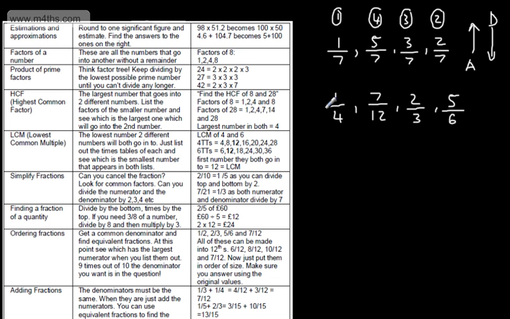So with this one, I'm going to now turn this into 12s. I need to multiply this number by 3, therefore I need to do the same here. So as an equivalent fraction, 1/4 is 3/12. 7/12 is already in 12s. I need to multiply the 3 by 4, so I need to multiply the 2 by 4. So I get 8/12. I need to multiply the 6 by 2, so I need to multiply the 5 by 2.